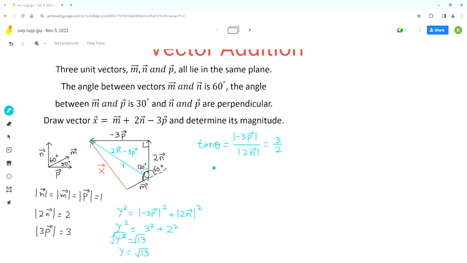And now we can solve for theta by doing the inverse of tan. From that, I got 56.3 degrees. So this should be the value of this blue angle.